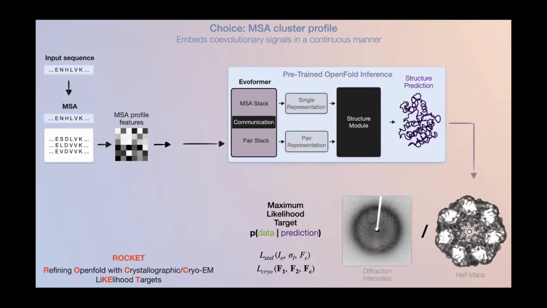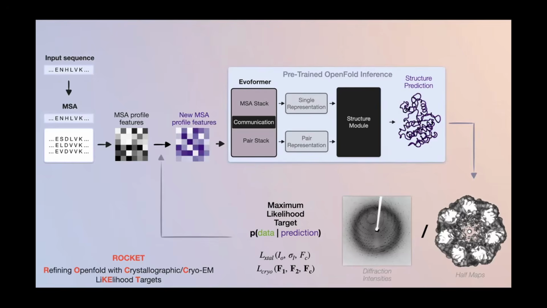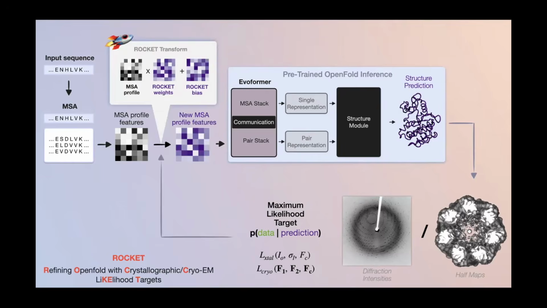It runs through OpenFold, and then we have a traditional likelihood loss function that accounts for error both in the model that we're currently building and in the measurement that we've acquired. And then through this maximum likelihood target, we continuously update.